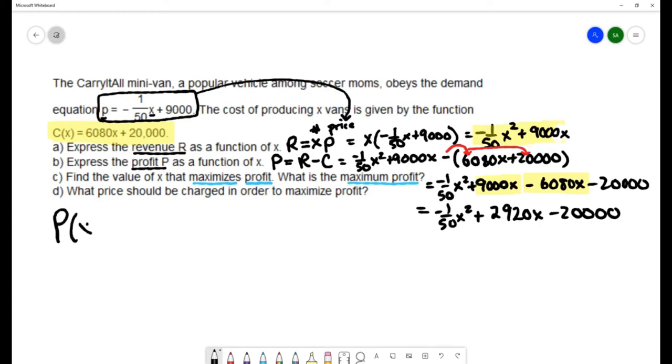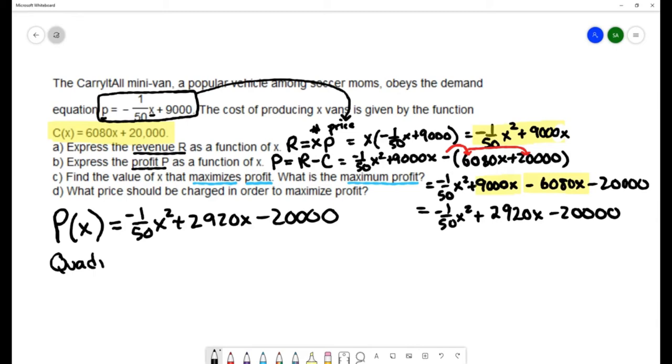We have a profit function being negative 1/50th x squared plus 2,920x minus 20,000. We can see, because of the squared on the x, that this is a quadratic function. And we know that the graph of quadratic functions are a parabola.